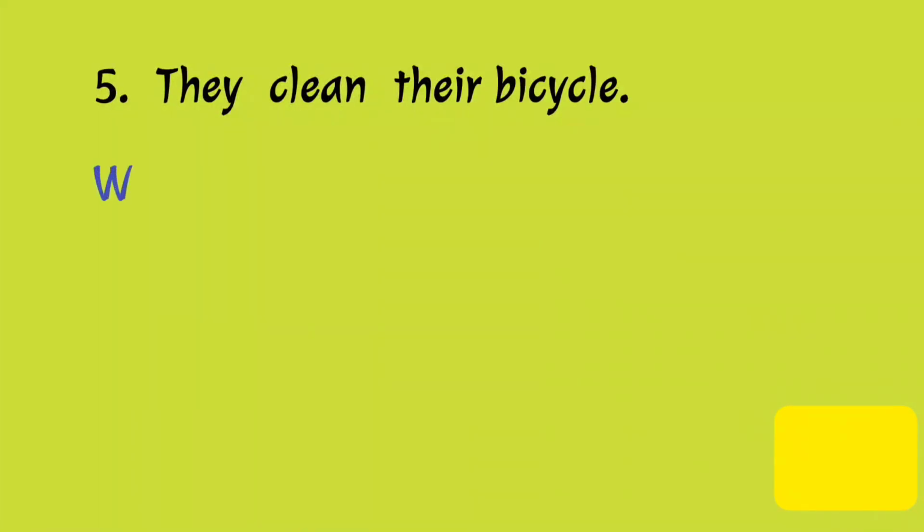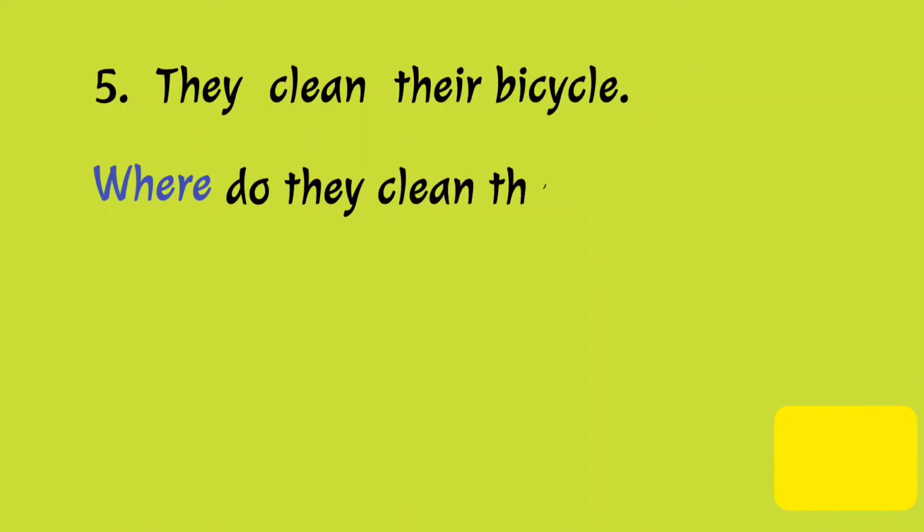Okay, now starting from number 5 on, we will make questions without an auxiliary verb. So whenever there is no auxiliary verb, we have to use do, does, did. So when can we use do, does, did? Let's take a look. For example, number 5, we have they clean their bicycle. There is no auxiliary verb here.